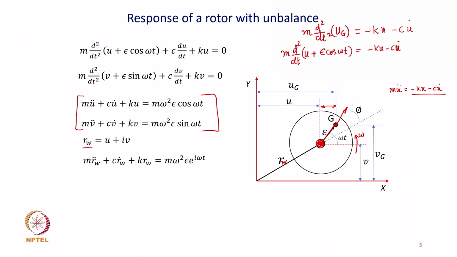I multiply the second equation by j and add it to the first equation, and then using R w equal to u plus j v, I will get this particular expression.